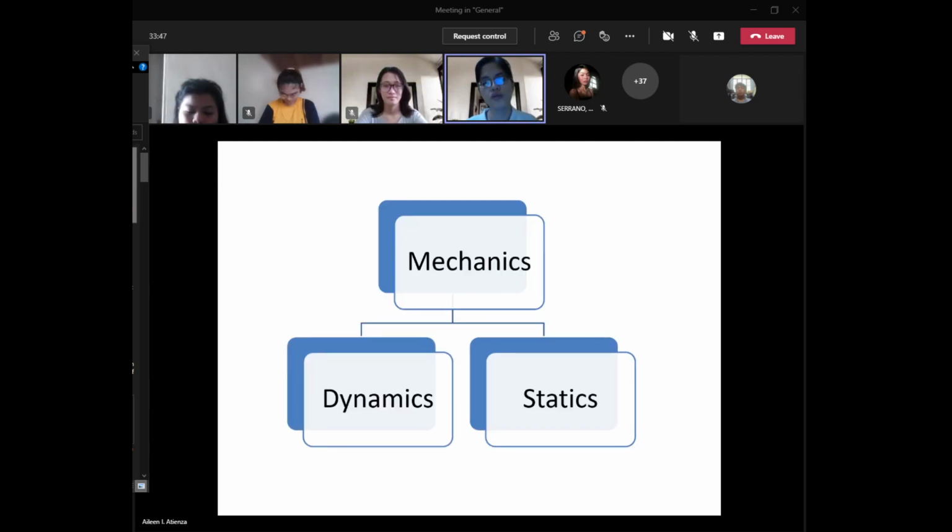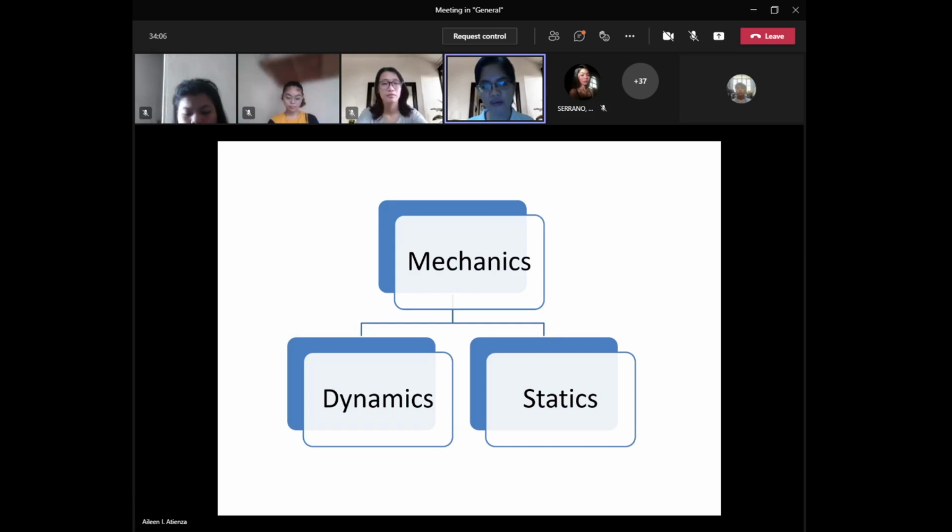Take note that when you do have mechanics, we are talking of dynamics and statics. For dynamics, we are dealing with the forces that cause the motion of the body, while statics, from the term itself, though we have forces involved, the forces being applied cause the object to be at rest or stand still.